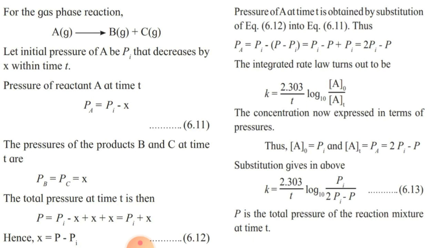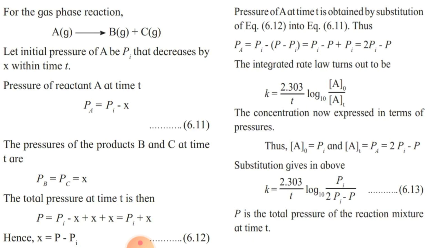So Pb and Pc will be equal to X. What is the pressure of the reactant Pa? It is Pi minus X. Pi is the initial pressure. X is the decrease in pressure of the reactant A within time t. So Pa will be equal to Pi minus X, and Pb will be equal to Pc, which will be equal to X.